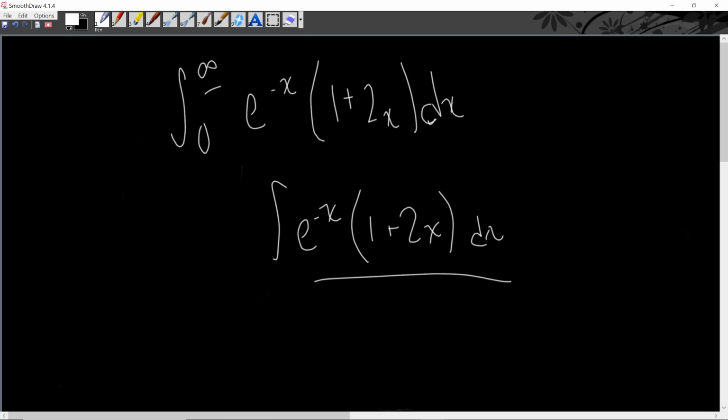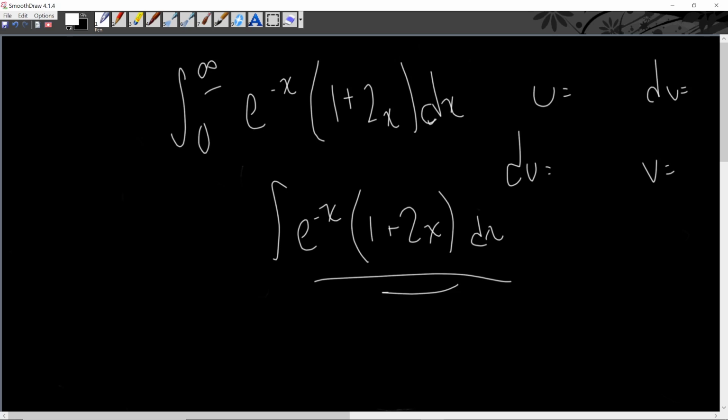We have two functions, so this is the product rule that we're going to need to undo. So let's say u equals something, dv equals something, du equals something, and v equals something. So which of these is going to be easier to integrate?